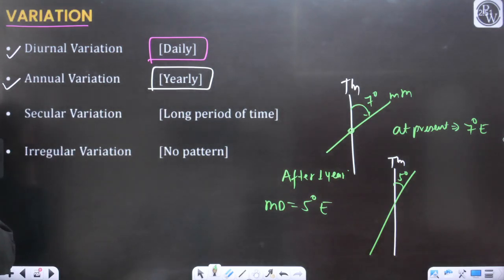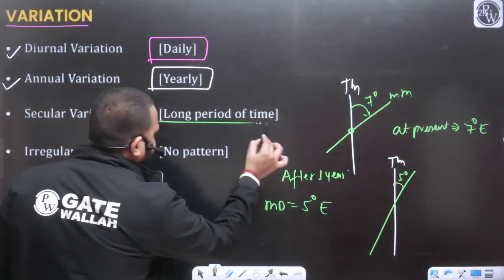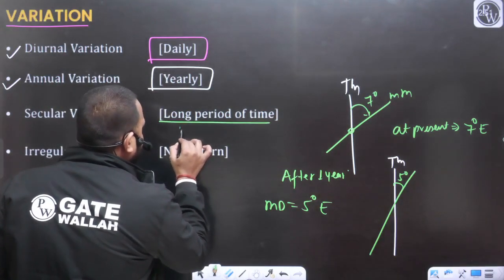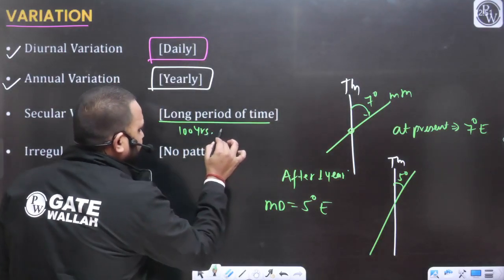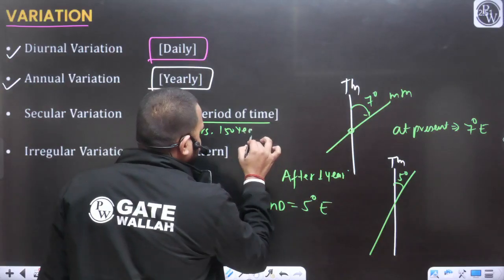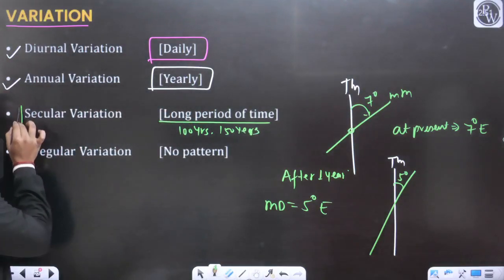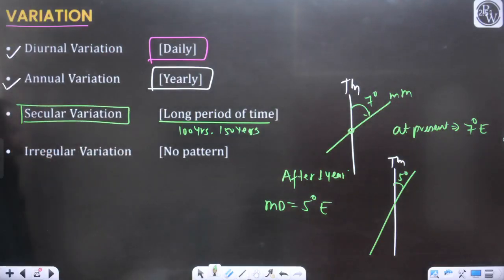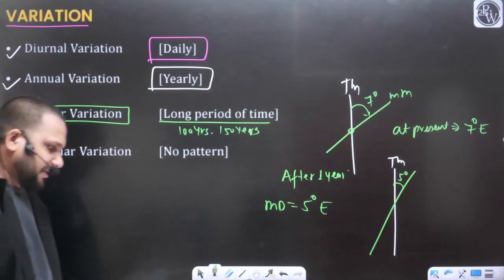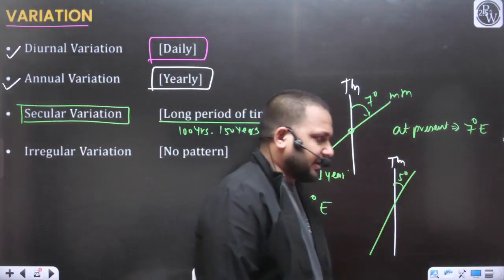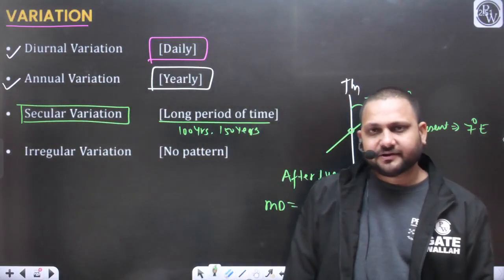Any doubt? Some variation you will see over a long period of time, like for example a 100 year period or 150 year period. These types of variation are termed as the secular variation.